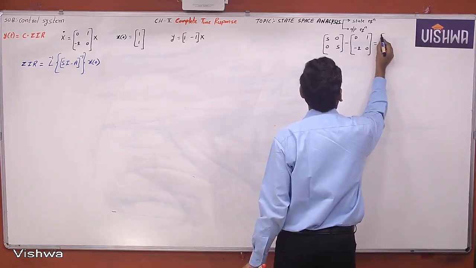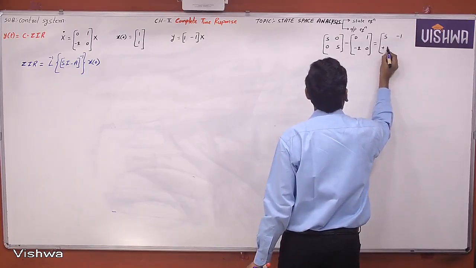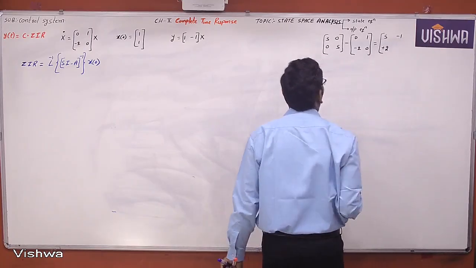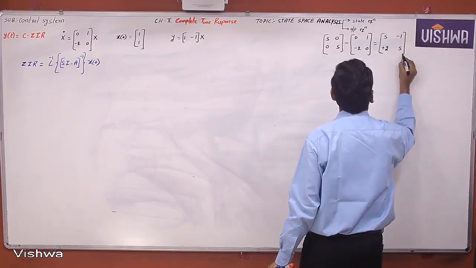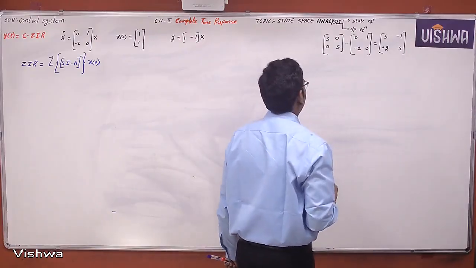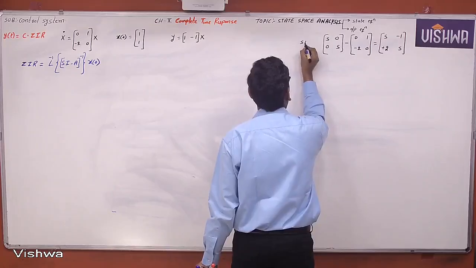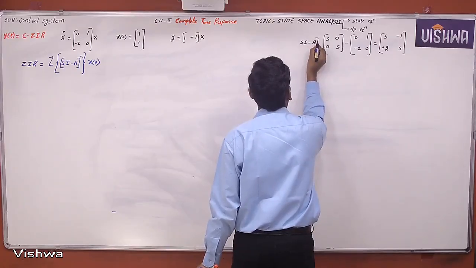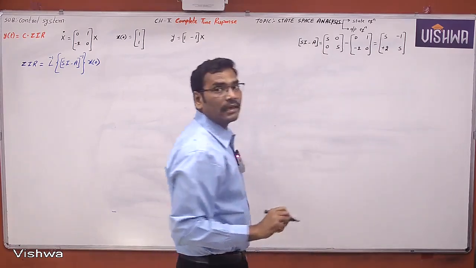Therefore, it is equal to S, minus 1, plus 2, S. This is the SI minus A matrix.